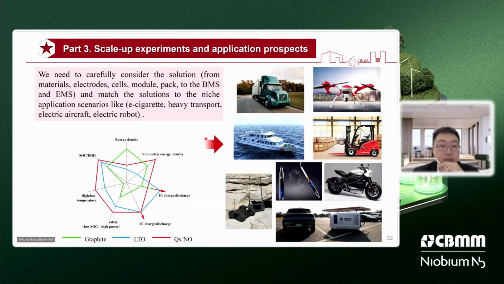So according to the discussion about our niobium materials, we need to carefully consider the solution from materials, electrode, cells, module, pack to the BMS and the EMS, and match the solutions to the initial application scenarios like heavy transport, aircraft, and electric robots.